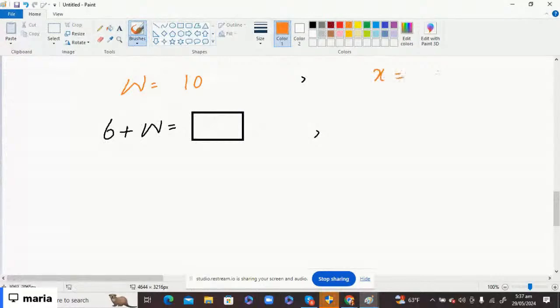And the second one, x is equal to 5. Solve it in your notebooks and then tell me the answer.